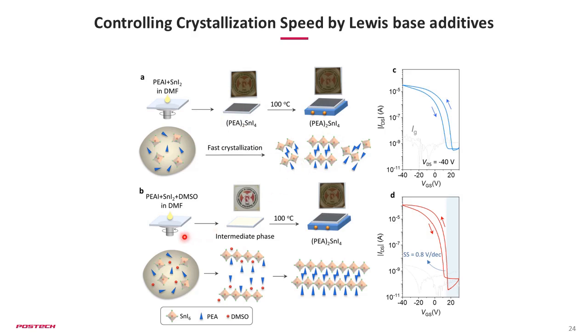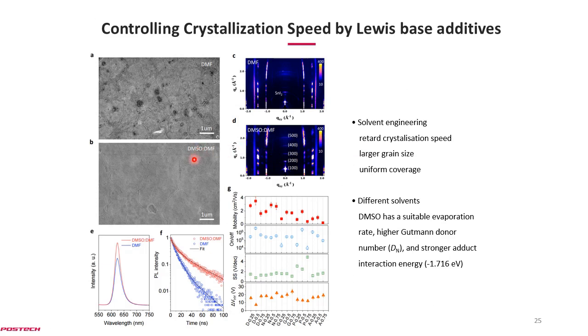But by adding DMSO, a Lewis base, the speed of crystallization of the perovskite precursors decreases. So after spin coating, the film still has an intermediate state. Then after annealing at 100 degrees Celsius, we get the final perovskite film and crystal phase. By controlling the speed of crystallization with the Lewis base additive, we can get better mobility and better grain size.